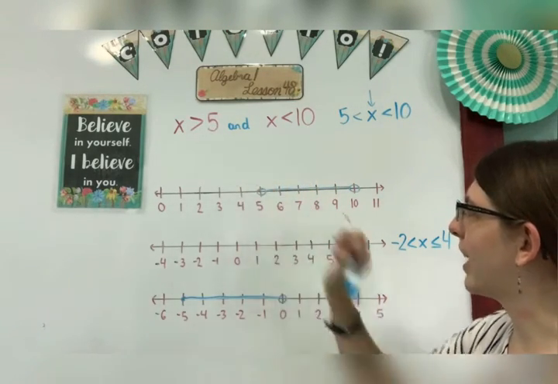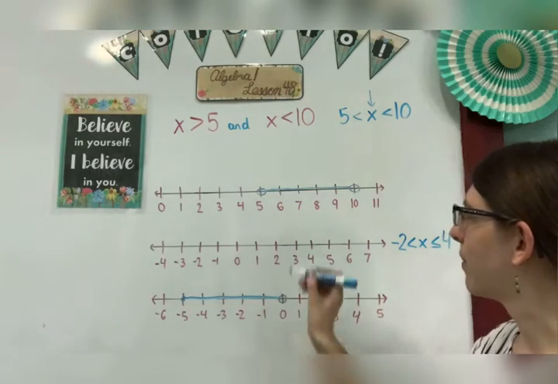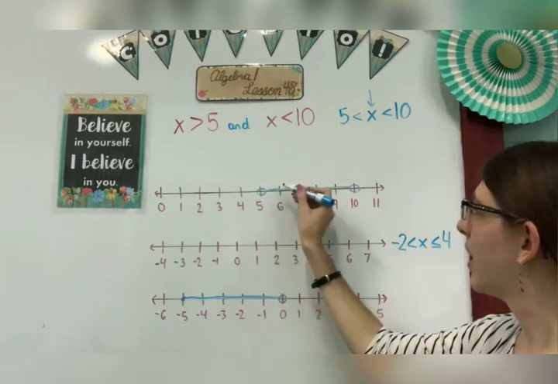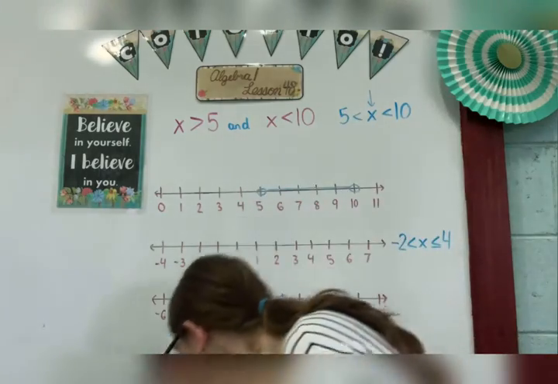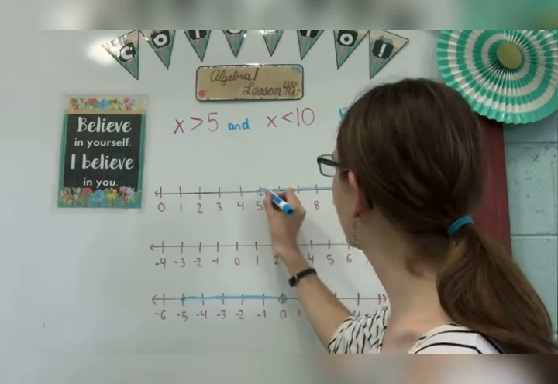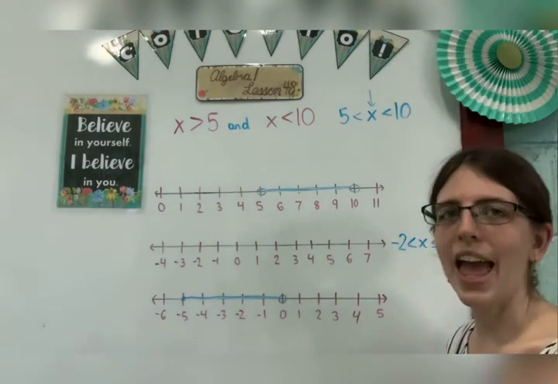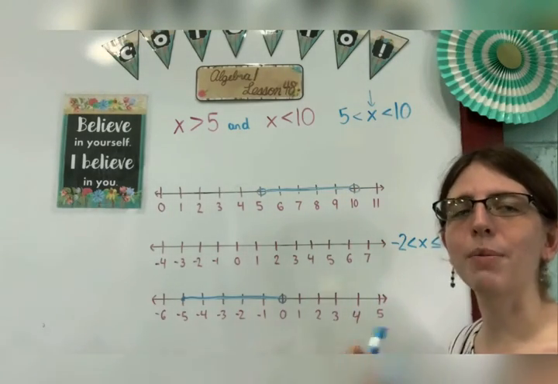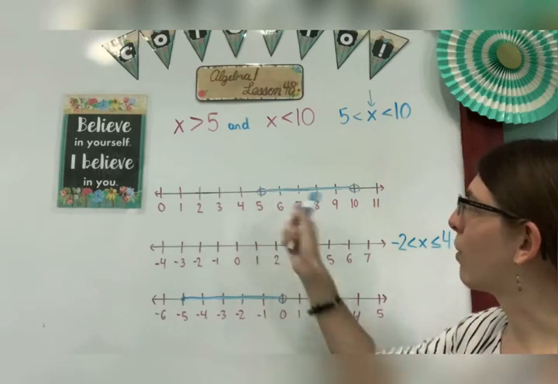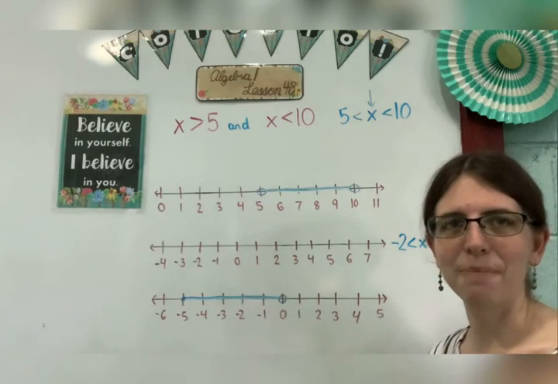So I go and I stop at each other. So this right here is the graph showing all the numbers that are in between 5 and 10. Those are all the numbers that would satisfy this inequality, that are greater than 5 but less than 10.